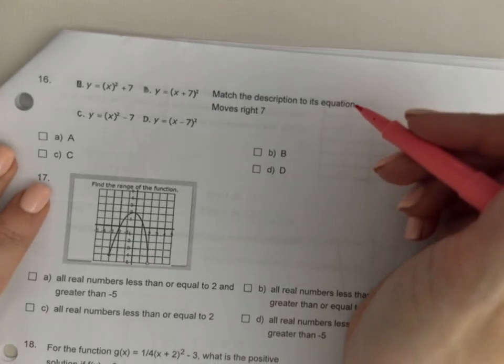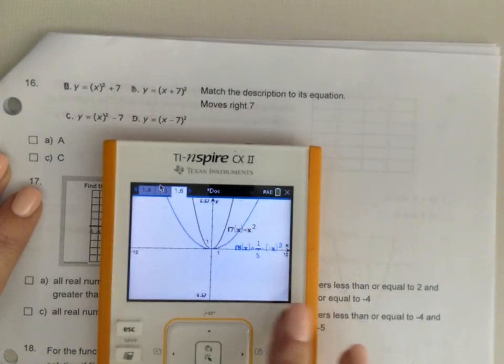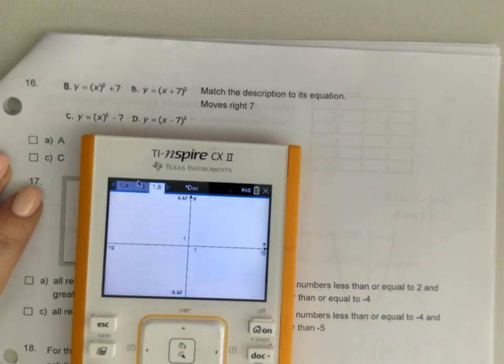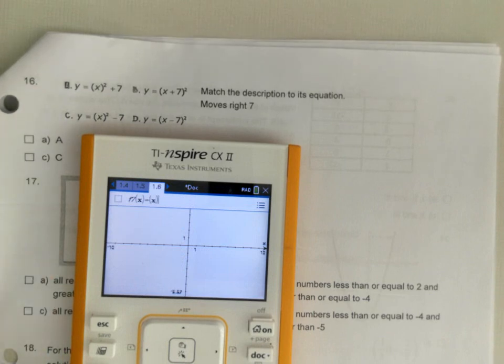Match the description to its equation. Moves right 7. So I could just plug these in. Menu 3, 1, parentheses, x parentheses squared plus 7.